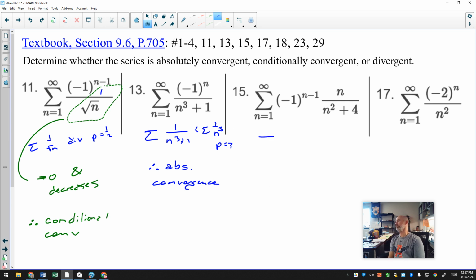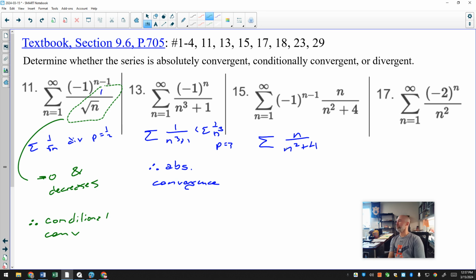If we absolute value it, we would have just n over n squared plus 4. The alternating part goes away, becomes always positive. What do you think about that? You can do direct comparison. Not direct.